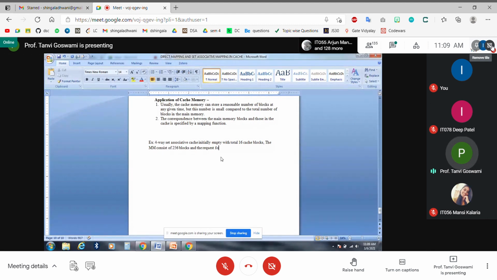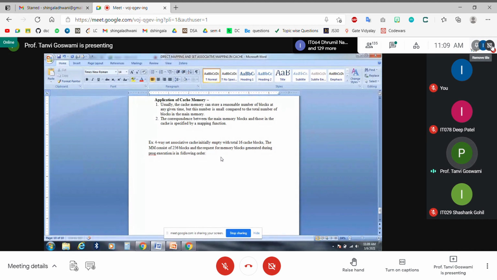And the request for memory blocks generated during program execution is in the following order.